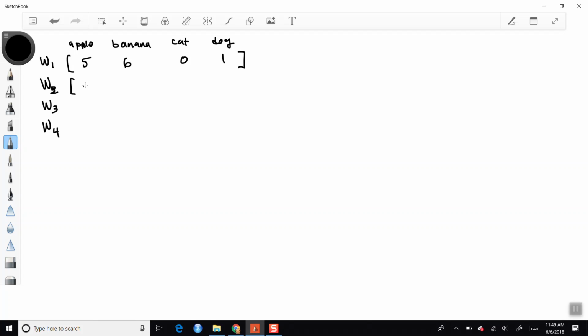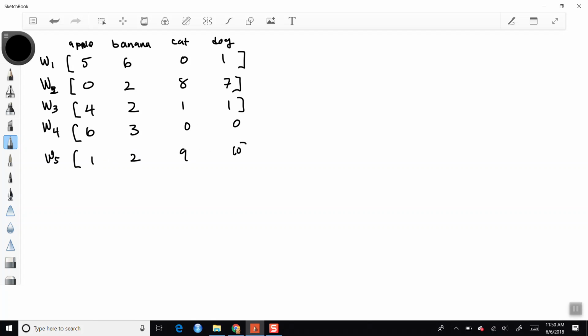These are the counts. Document 2 is 0, 2, 8, and 7. And document 3 is 4, 2, 1, and 1. And document 4, let's throw in a 5th document. Okay, we got 6, 3, 0, 0, and 1, 2, 9, and 10.